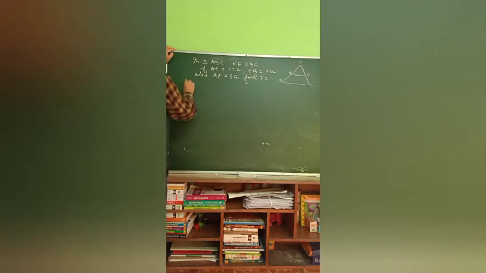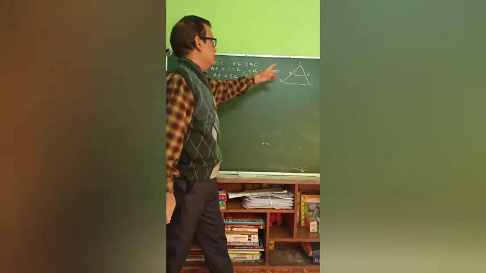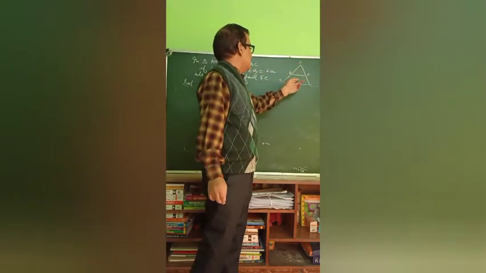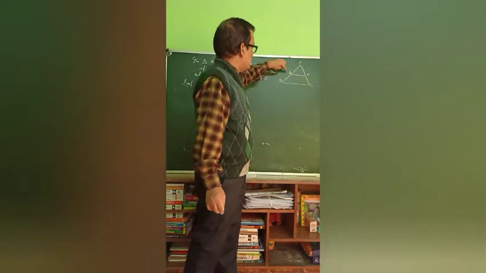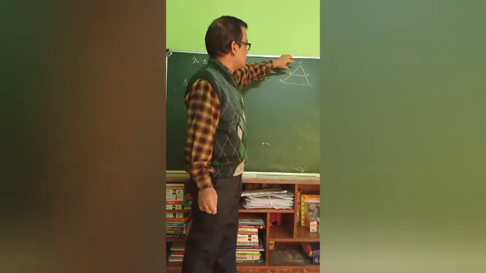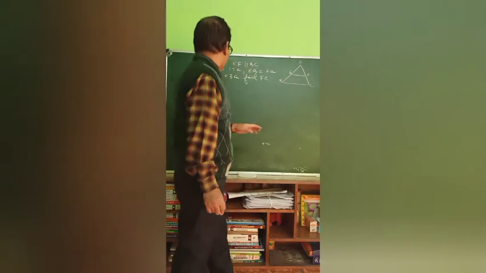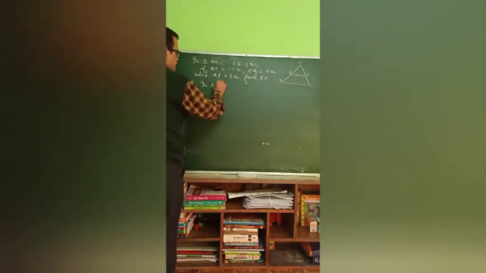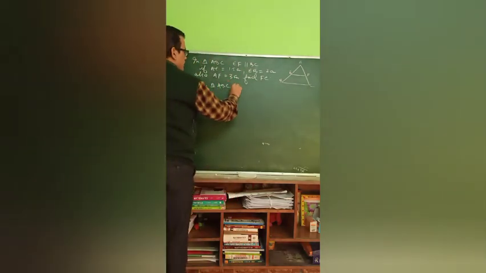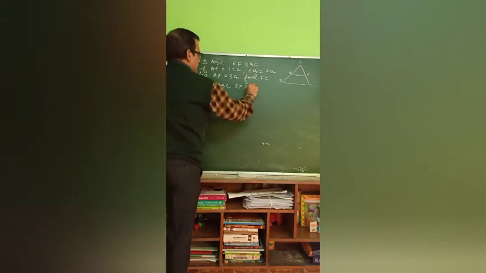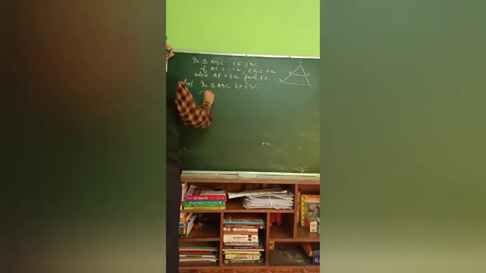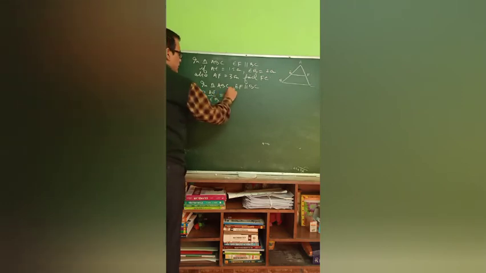So solution we will write in triangle ABC, EF is parallel to BC. As we just did, if a line is drawn parallel, the sides are divided proportionally. So in triangle ABC, EF is parallel to BC. This implies AE upon EB is equal to AF upon FC.